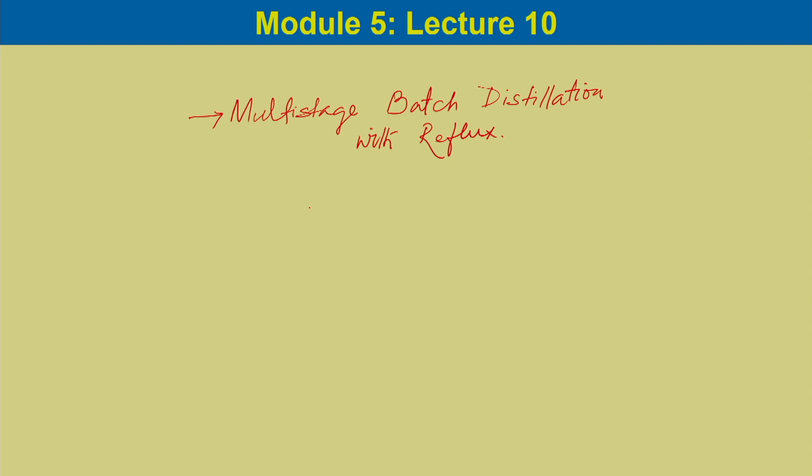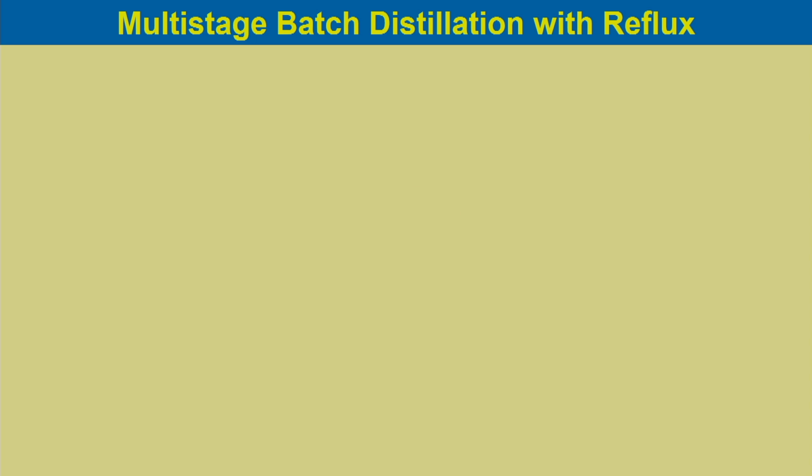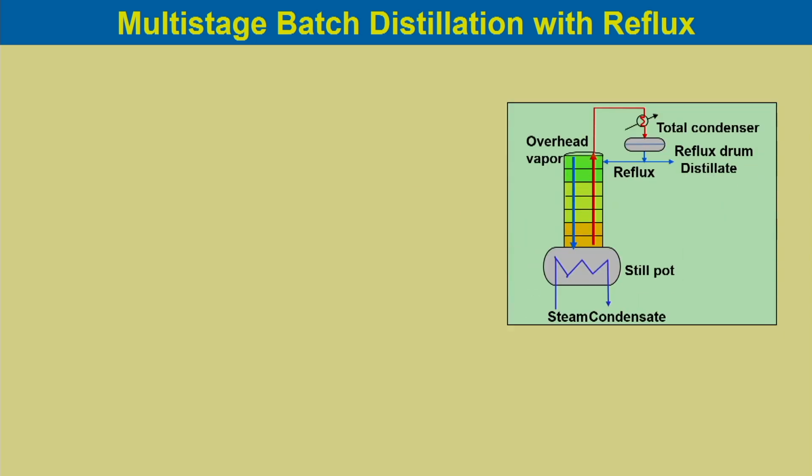In this case, now we will discuss batch distillation with reflux, under which we have two different conditions. One is constant reflux and second thing we will consider variable reflux. So, multi-stage batch distillation with reflux.